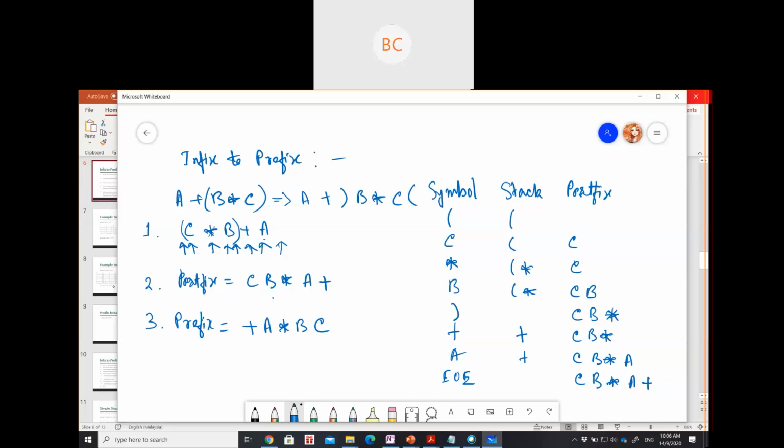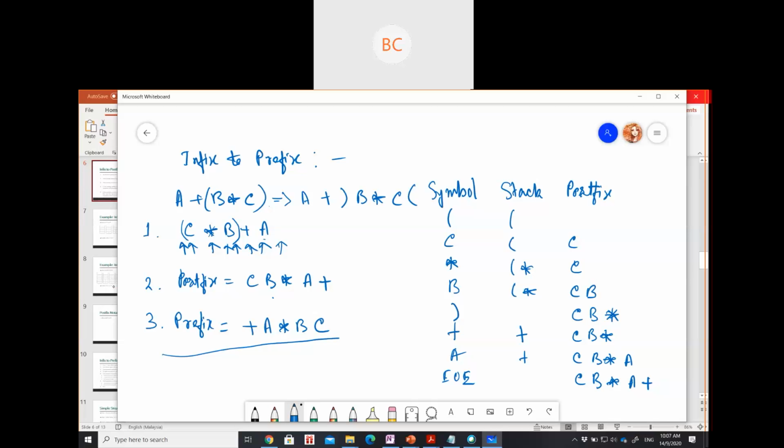So this is our final prefix notation. Clear? So first, to convert infix to prefix, you need to reverse the expression. Then the reversed expression you will convert into postfix, and finally you will convert that postfix expression again into a reverse form, and the reversed postfix form is your prefix.